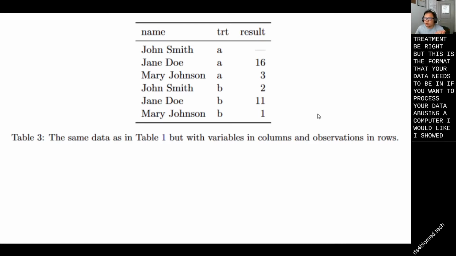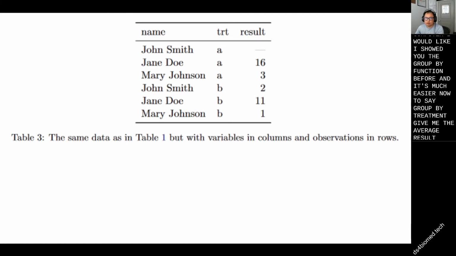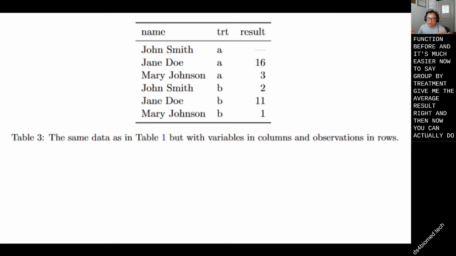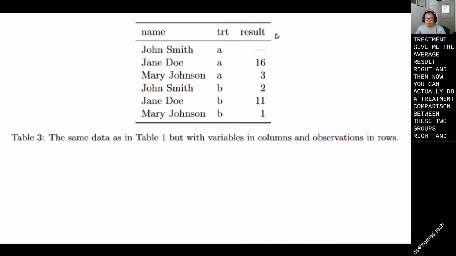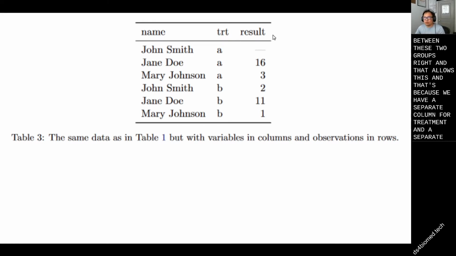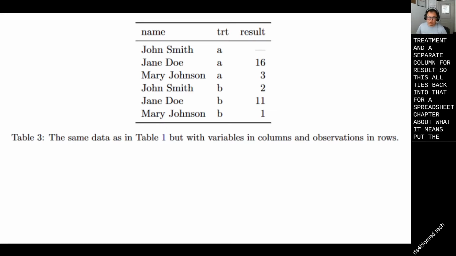I just showed you the group by function before, and it's much easier now to say group by treatment, give me the average result, right? And then now you can actually do a treatment comparison between these 2 groups, right? And that's because we have a separate column for treatment and a separate column for result. So this all ties back into that first spreadsheet chapter about what it means to put together a good data set.